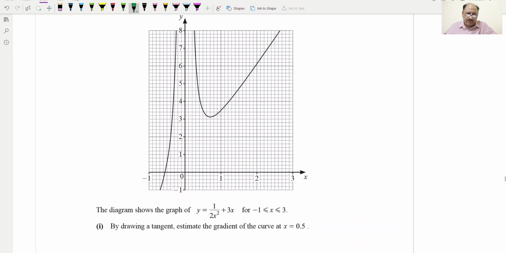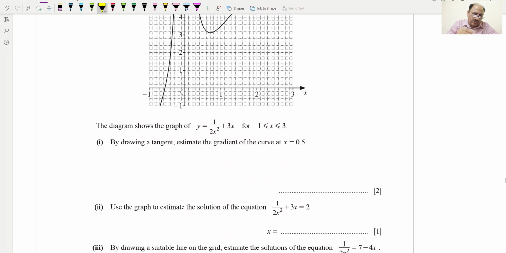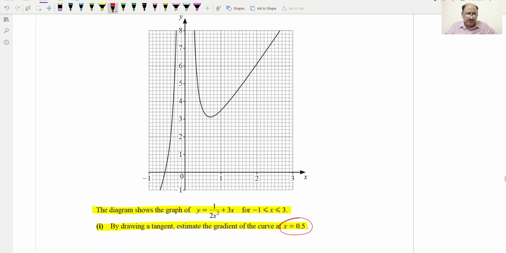Now part B. They are saying the diagram shows the graph, and by drawing a tangent, estimate the gradient of the curve at x equals 0.5. So at x equals 0.5 we will draw the tangent. Where is 0.5?